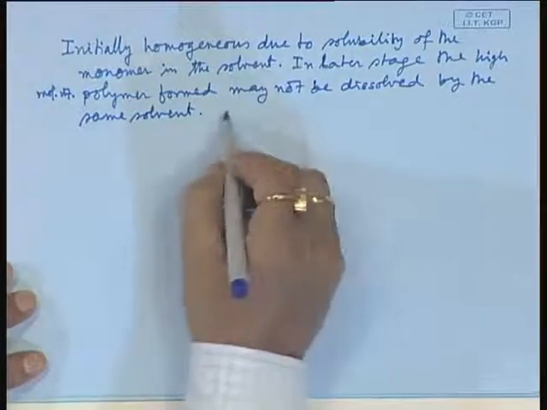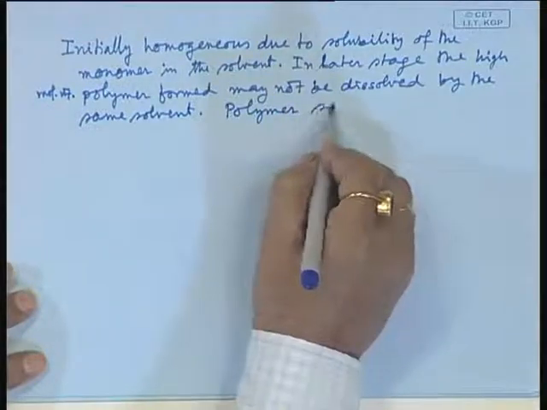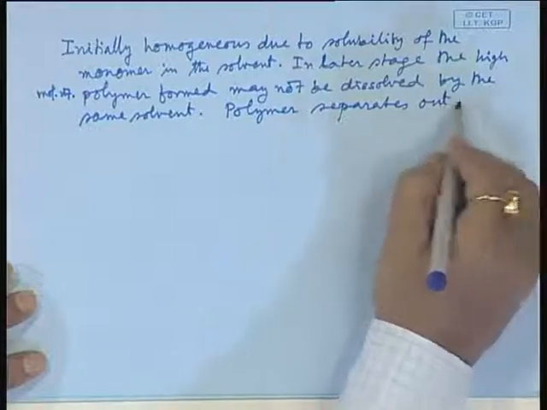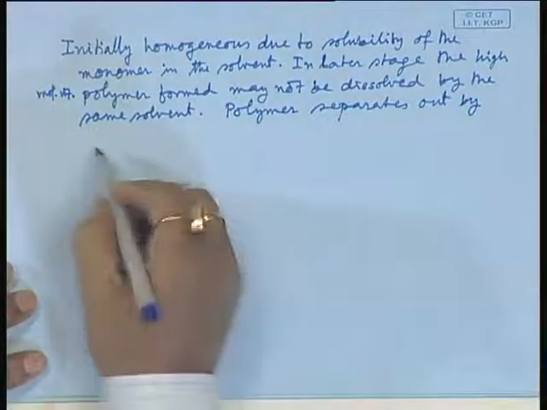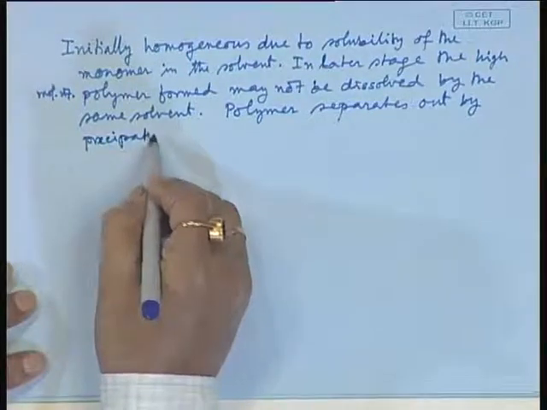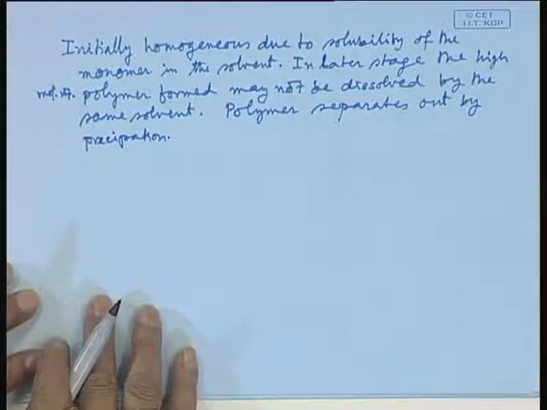In that case, polymer separates out by precipitation. That is a good technique again. Initially, it is a homogeneous system. So long it remains in the soluble phase, polymer growth occurs.